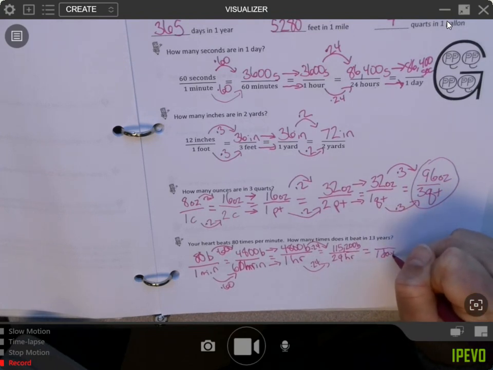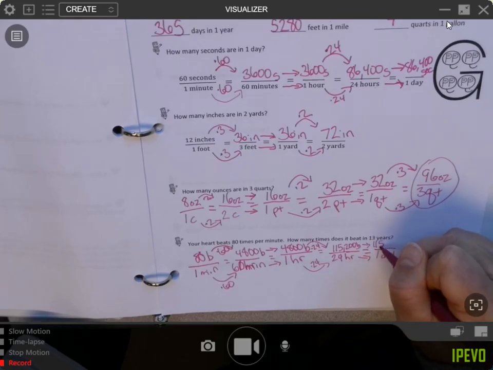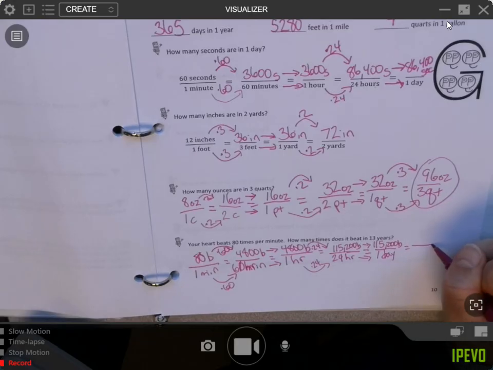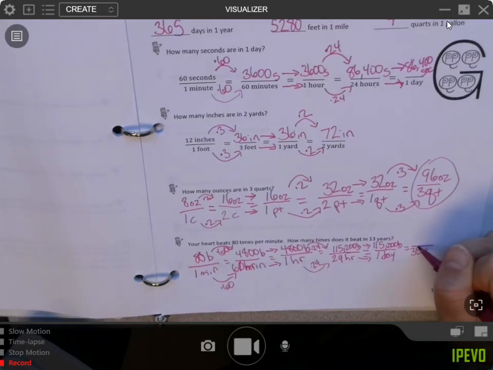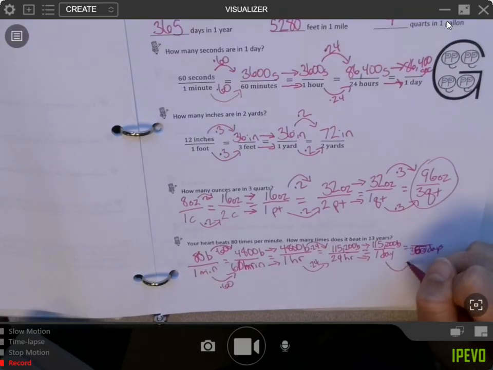So hold on. We went straight across for the 1 day. And then Robbie's saying we want to go to 365 days. Oops, 65. That's a 6 there. So we're multiplying by 365.